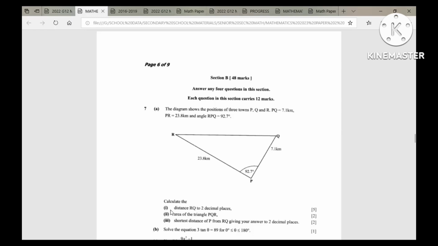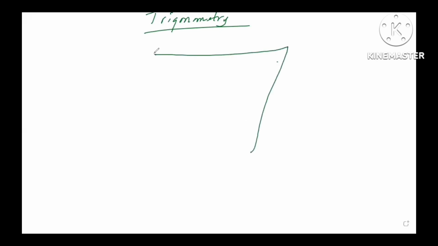So now, let me just try to write this diagram here. Okay, so they're saying trigonometry. Let's assume this is the diagram, right? Just assume. Then we have RQP or PQR.